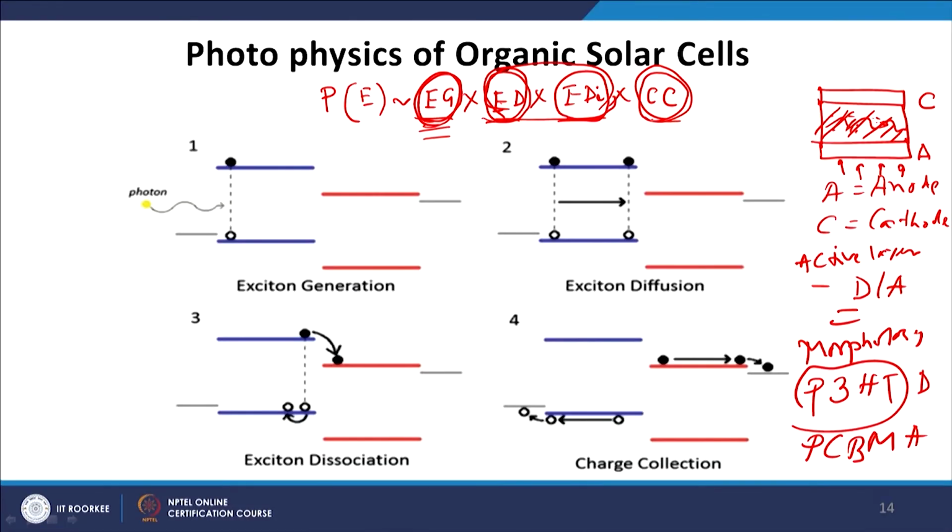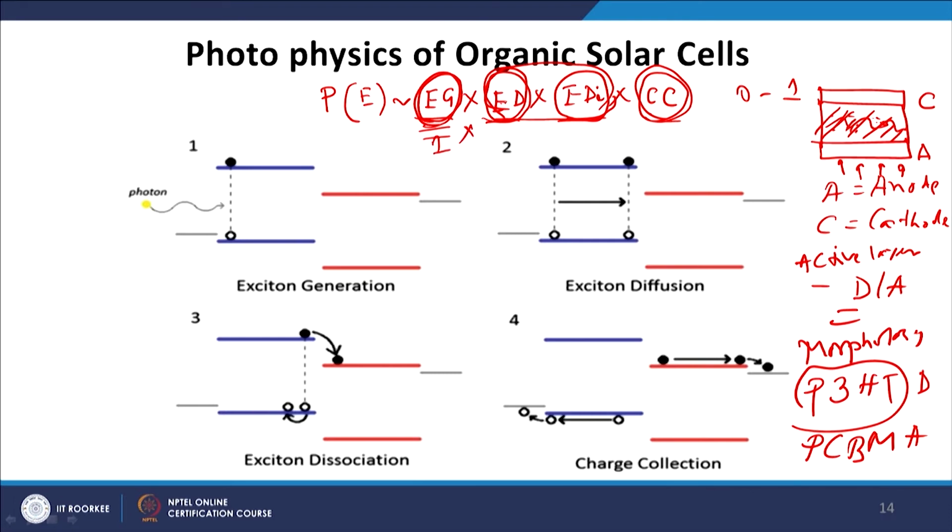Now, if any of these parameters is bad while all the other parameters are good, my efficiency will suffer. For example, if I number these parameters as probabilities between 0 and 1, let us say I have an ideal material whose optical absorption is very good, a low band gap polymer, and I number the exciton generation efficiency as 1.